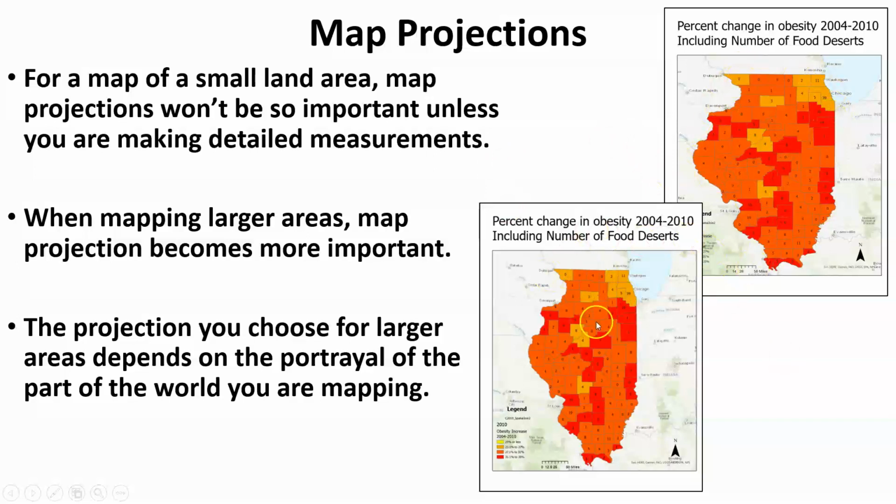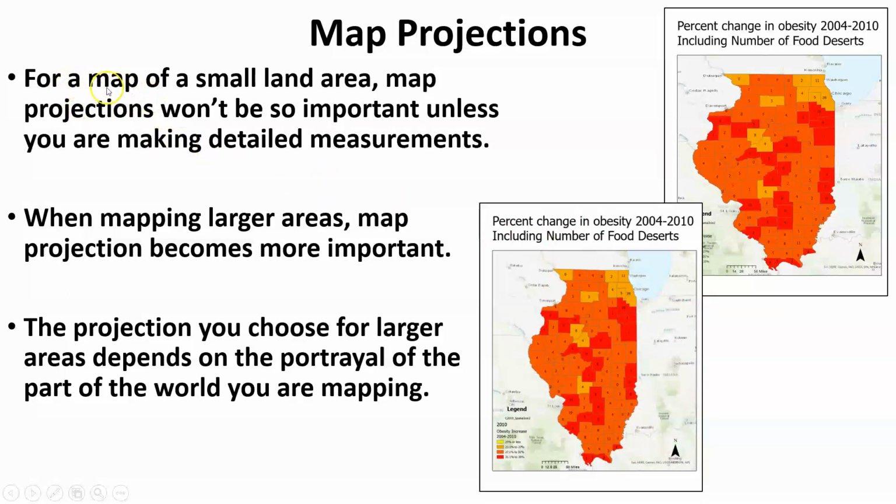The state of Illinois has a north-south orientation, and it is elongated in this direction. Here at the bottom, I have chosen a projection for Illinois based on the state plane system. The state plane projections are ideal for different parts of the state.